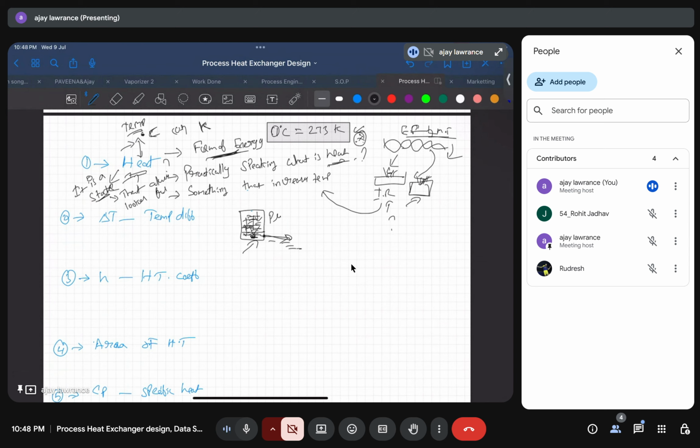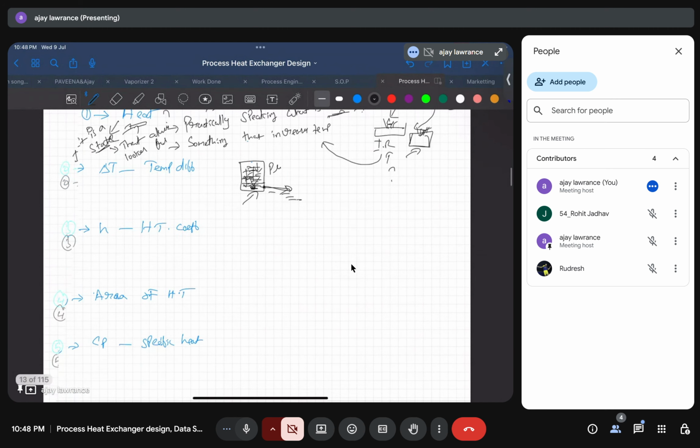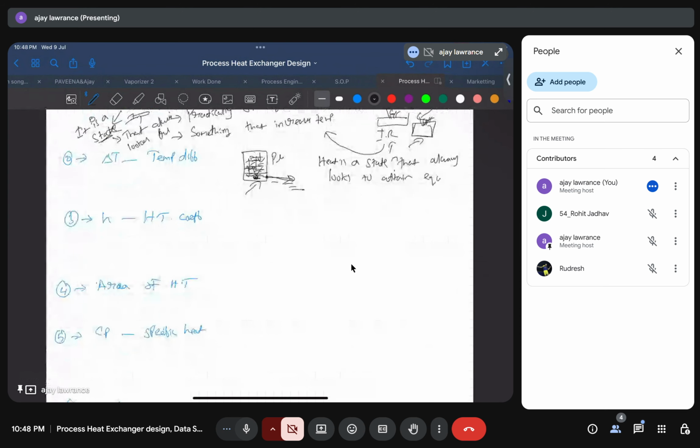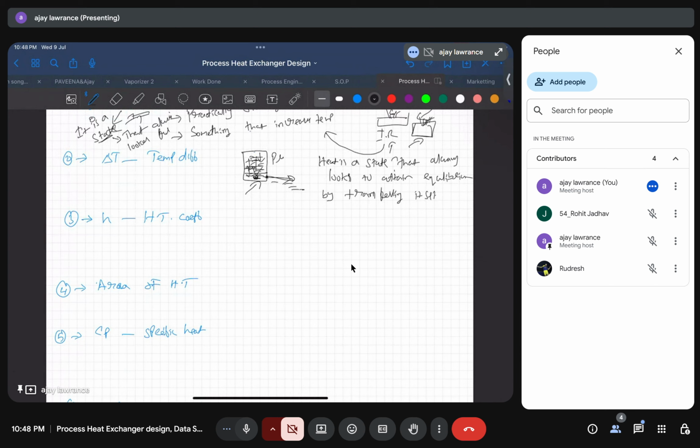Let me write it here. Heat is a state that always looks to attain equilibrium by transferring itself. That is why heat transfer is happening.